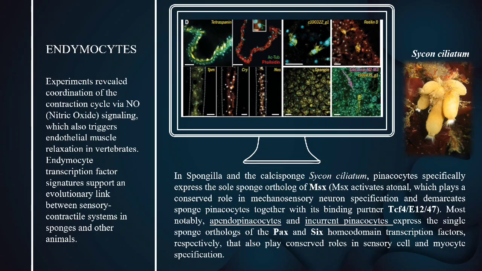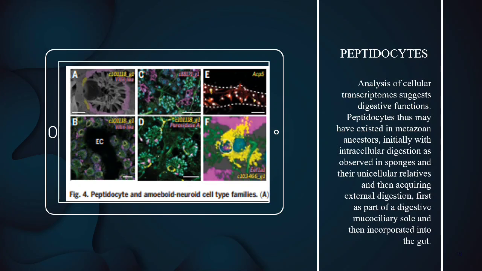In endemocytes, experiments revealed coordination of the contraction cycle via nitric oxide signaling, which also triggers endothelial muscle relaxation in vertebrates. Endemocyte transcription factor signatures support an evolutionary link between sensory contractile systems in sponges and other animals. In peptidocytes, analysis of cellular transcriptomes suggests digestive functions.